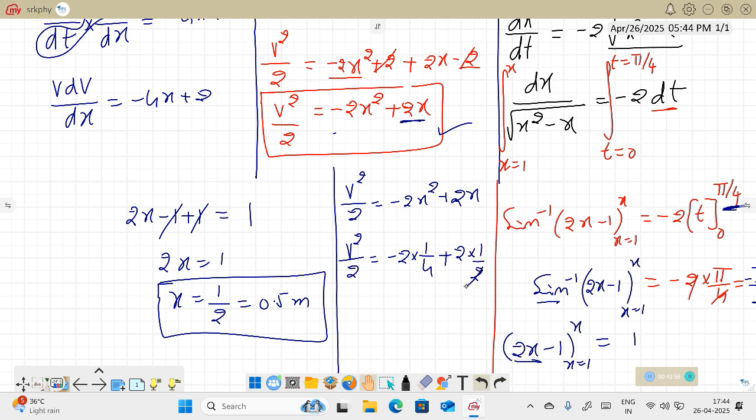So if you solve this one, this is 2 into 1 by 2. So v square is equal to, if you cross multiply the 2 value, that is 2 into, again you will get 1 by 2, plus 1.